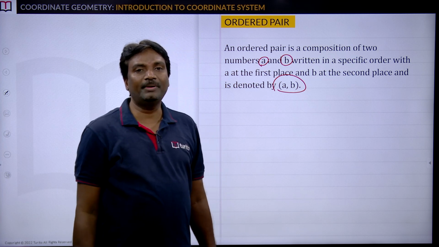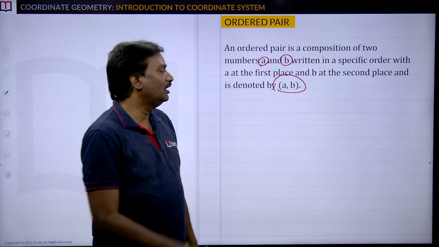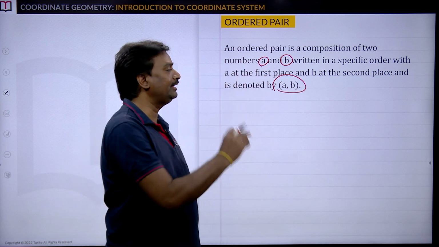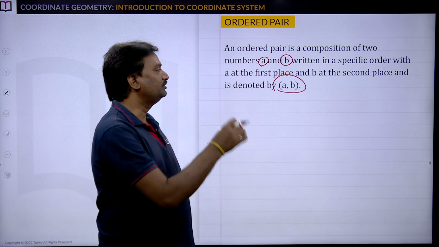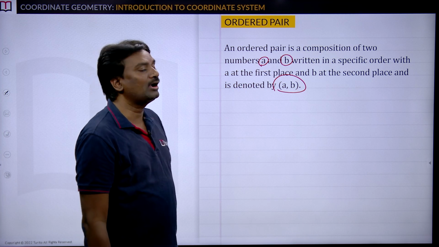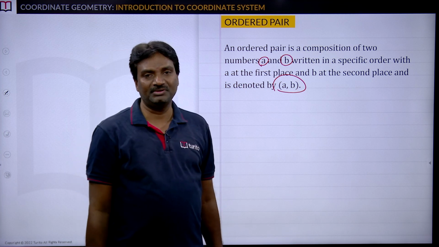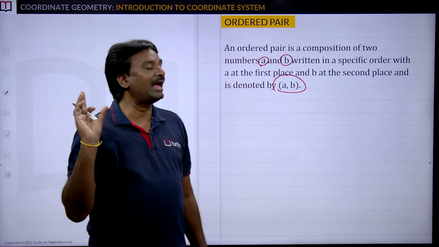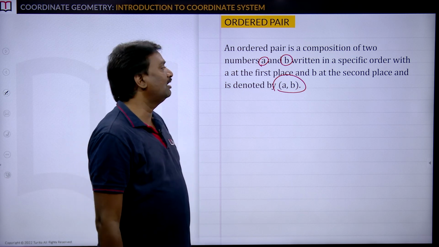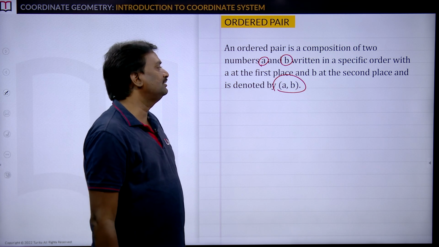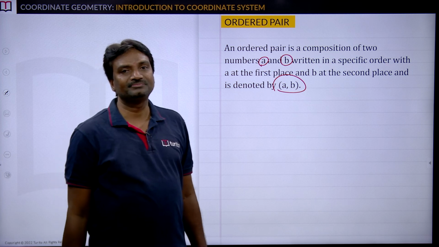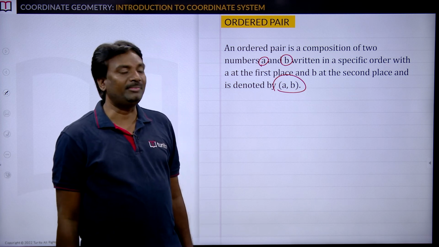So this bracket is known as an ordered pair. Pair is nothing but 2. We are keeping two numbers in the bracket by taking a comma between them. This is known as an ordered pair. An ordered pair is a composition of two numbers, which you may take as you wish, written in a specific order with A at the first place and B at the second place, and is denoted by (A, B).